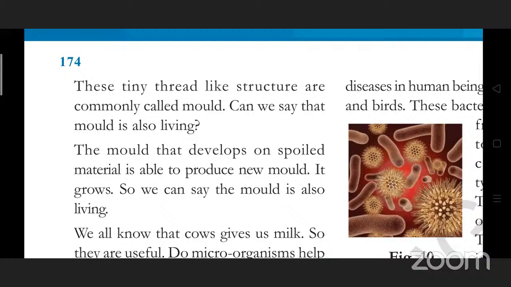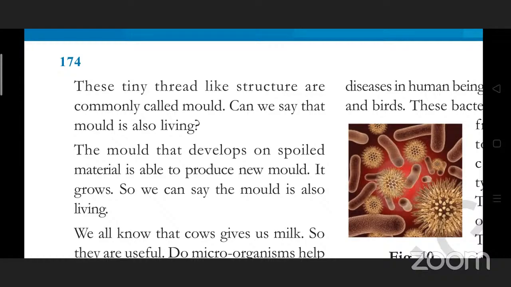Now, is mold a living thing? Yes, mold is a living thing. Usually it develops on spoiled material, and mold that develops on spoiled material is able to produce new mold. Keep in mind, mold is a living thing.